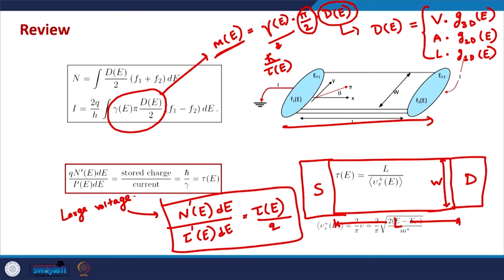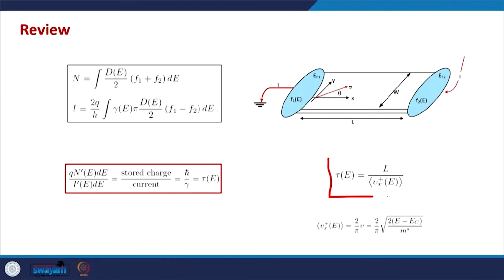So across the device, near equilibrium conditions are not true, but in the contacts the near equilibrium conditions are still true, because the contacts are bulk, large contacts, and the number of electrons available there is huge. So even after any application of voltage, the electronic population is quickly in the equilibrium state because of the inelastic scattering in the contacts.